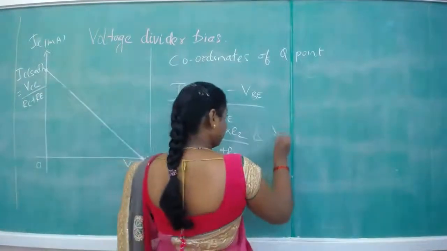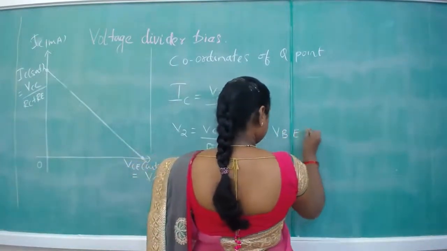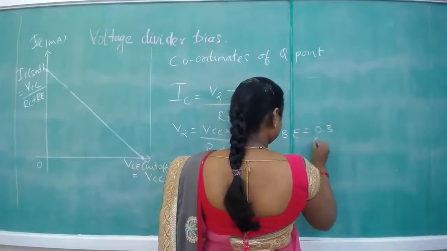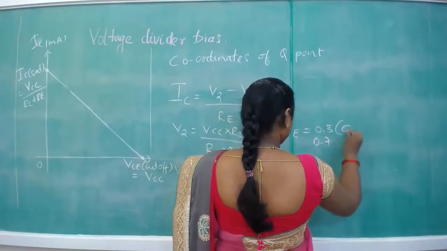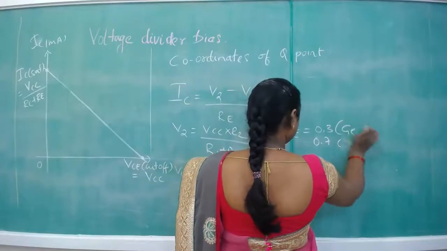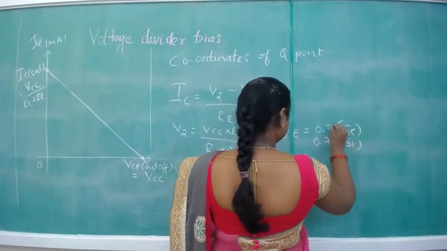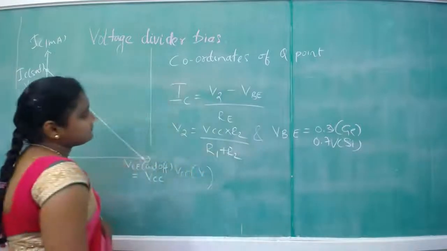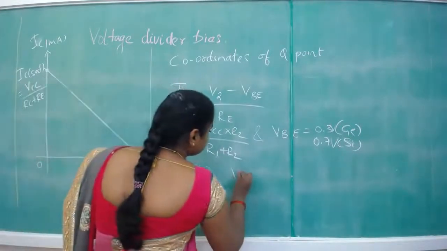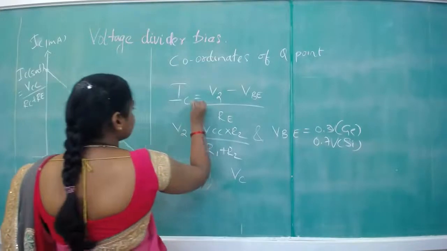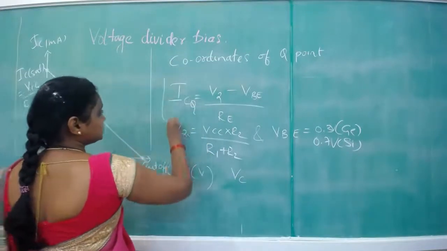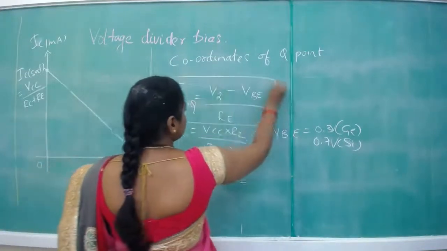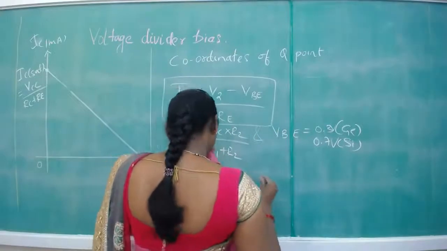And VBE is equal to 0.3 and 0.7 for germanium and silicon respectively. Okay? And we also know the expression for VCE. The same expression is used for ICQ.